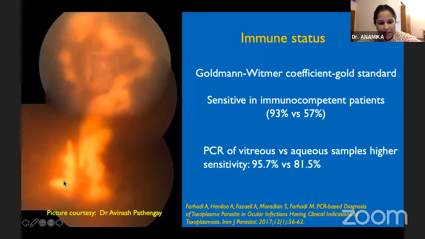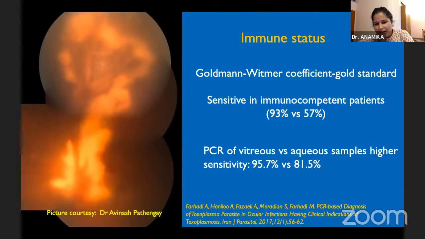Now here you're seeing this large retinitis lesion which is going right up, and you see the disc is involved and you don't know what it is. This was a case of ocular toxoplasmosis, but the caveat here is that in atypical presentation of toxoplasmosis, the immune status of the patient is of paramount importance, because though we know that the Goldmann-Witmer coefficient is the gold standard, it is sensitive only in the immunocompetent patient.